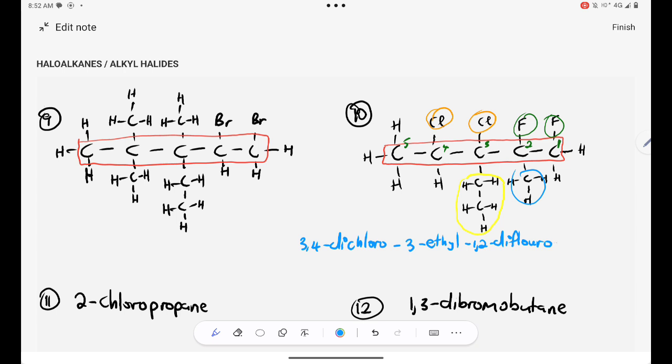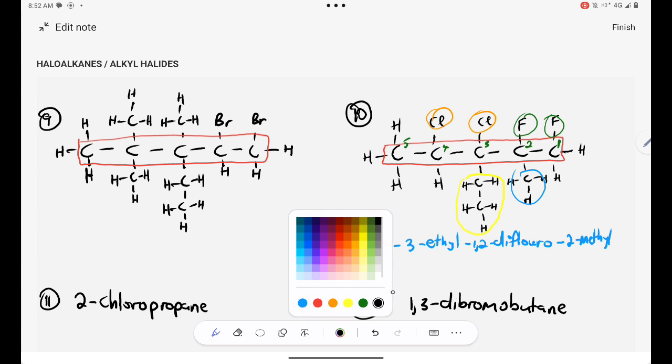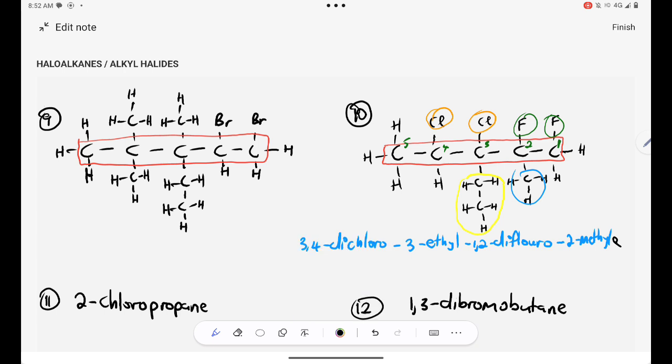And then I also have 2-methyl. This will be pentane. Please allow me, guys, to write the pentane over there because I don't have enough space. So the IUPAC name of this compound is simply 3,4-dichloro, 3-ethyl, 1,2-difluoro, and then 2-methyl pentane. Are we together? So that's how, guys, you name these compounds.